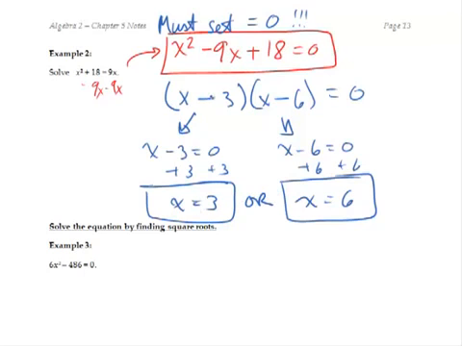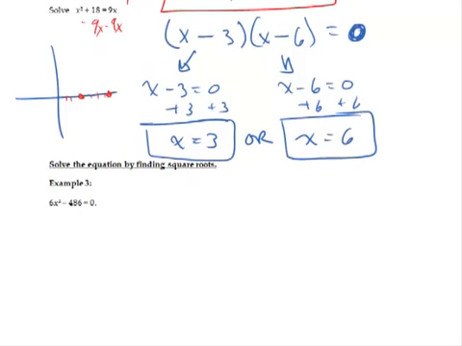Either x is 3 or x is 6. Those will both give us a 0 out at the end. Again, remember these are the x-intercepts we're finding. So later this week, we're going to talk about how we graph our answers and how this answer and this answer are going to show up on the graph. And we'll see those a little bit later. Don't worry about that right now, though, because that won't be in your homework yet.